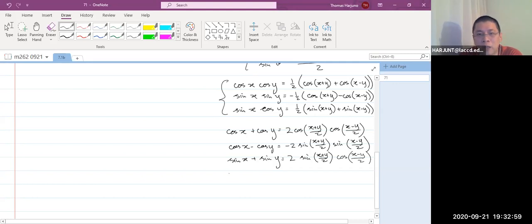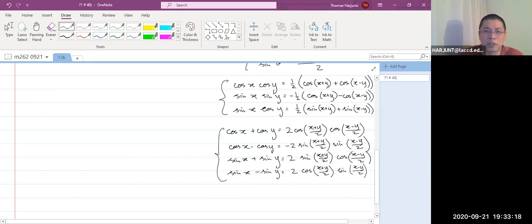So sine minus sine will be 2 cosine sum over 2 sine difference over 2. Okay, that's the sum to product.